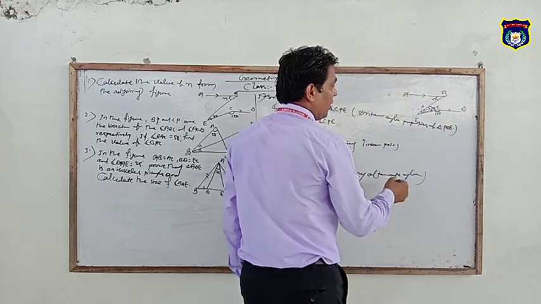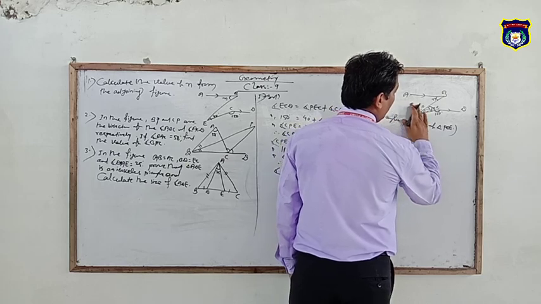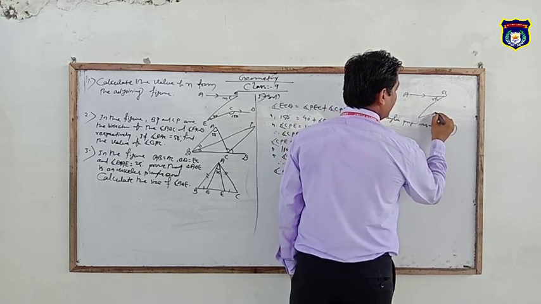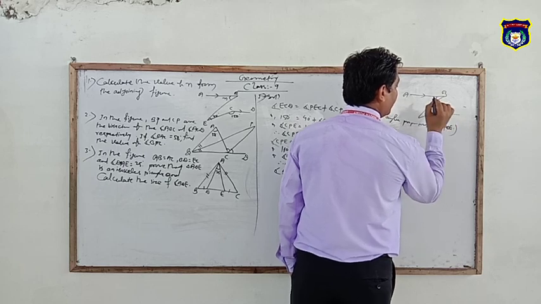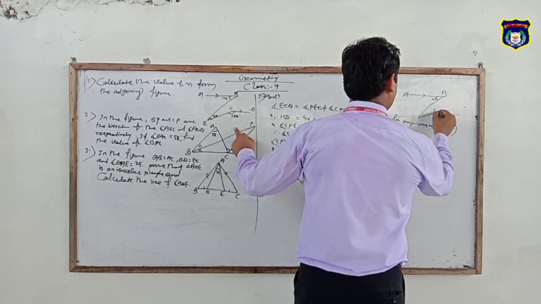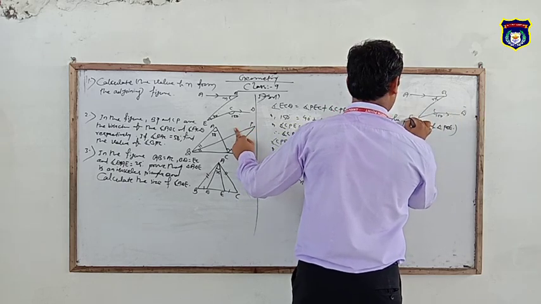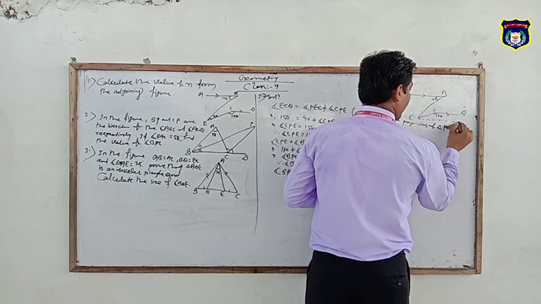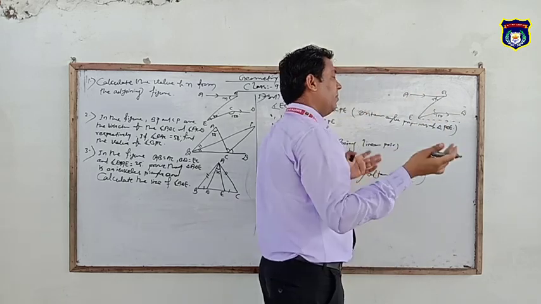In another way, we can also find this. Here we have 150, and CD is parallel, and this is point E. In another construction, we can draw a line through E parallel to AB, which is parallel to CD.